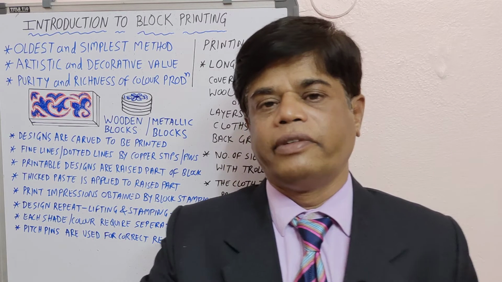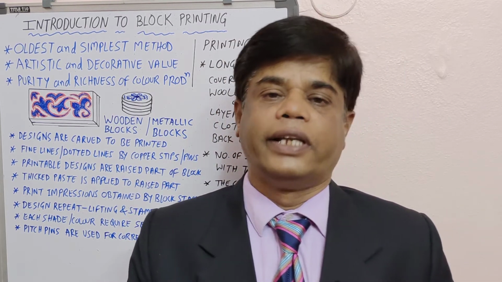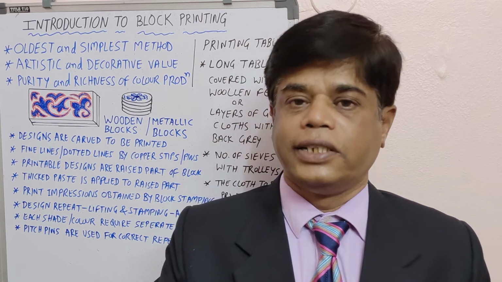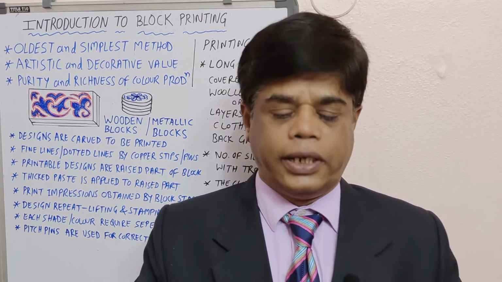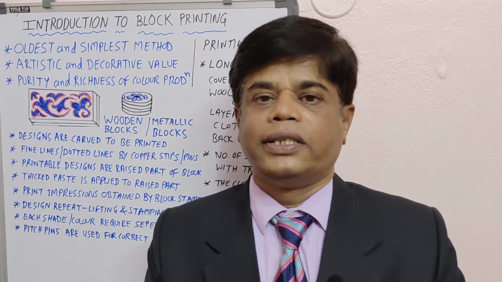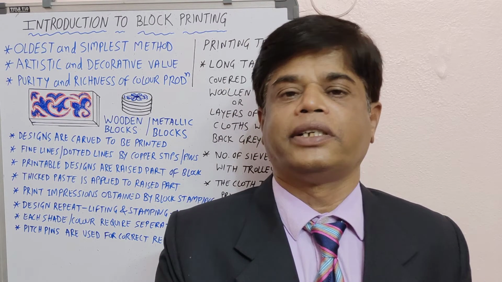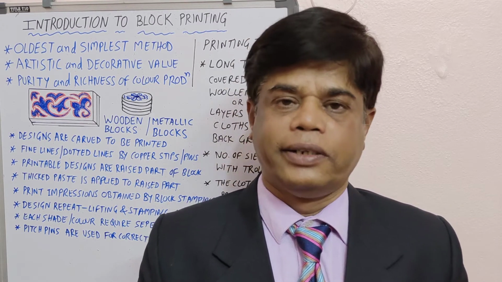And one important thing required here is the skill of the printer. He should be aware and very careful that the repetition of the designs is impressed on the cloth, placing the designs one by one. Accuracy of impression is very important in this.